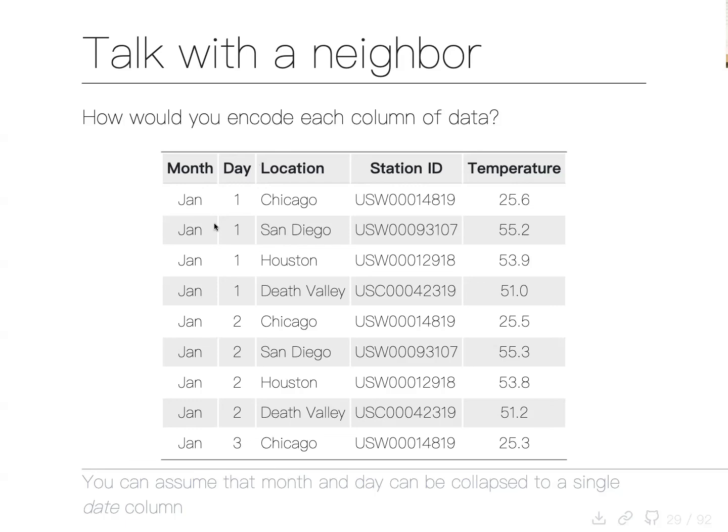But then you have the location, the station ID, and the temperature. So I would like you to talk with your neighbor and think about how you would visualize these data. Okay, so I'll leave it pretty open. How would you visualize these data? Okay, I'll give you about 1 minute. Ready? Go.